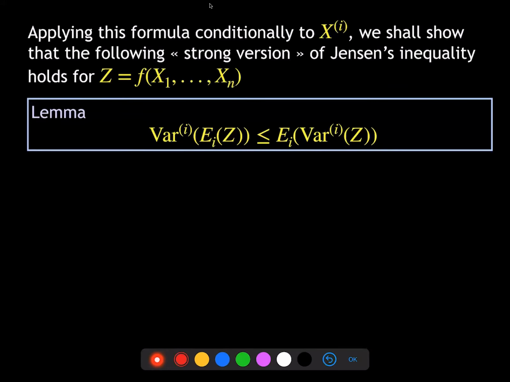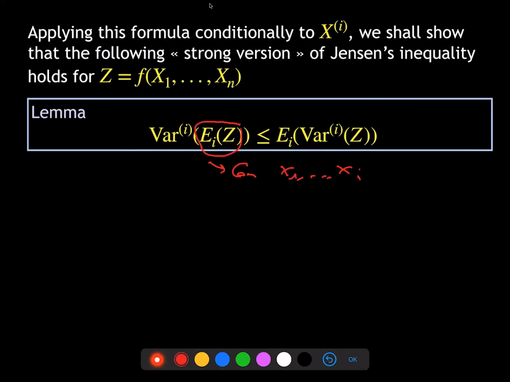Then you are able to prove that the variance of the conditional expectation of z conditionally to x1 to xi is less than the conditional expectation times the conditional variance of z.